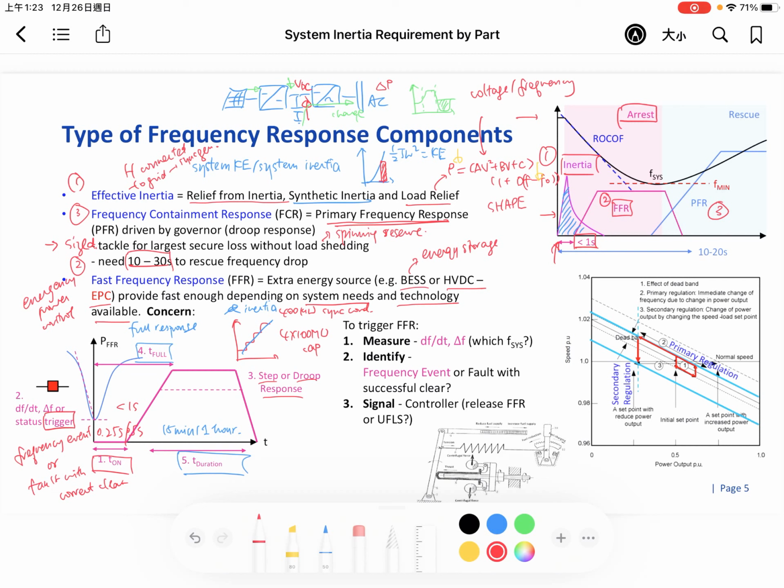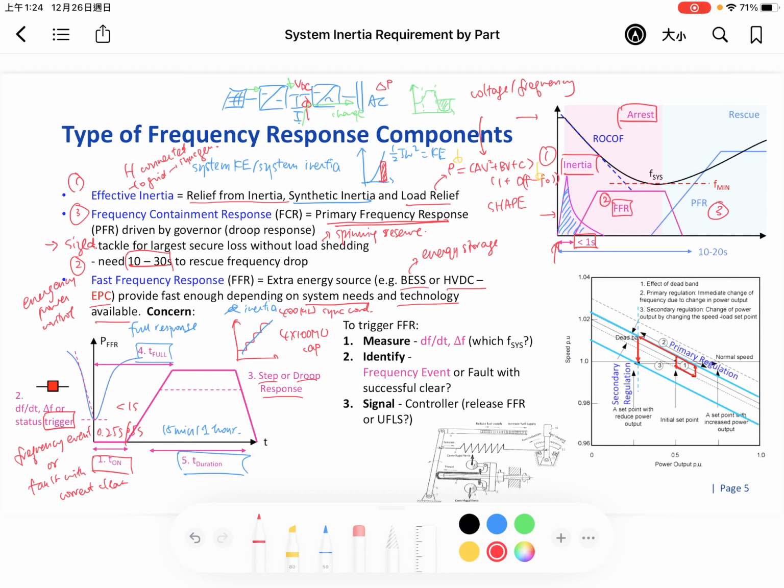But sometimes you may not want power electronics on the grid, or you don't want batteries on the grid because a battery needs maintenance, and the cycle life of a battery is just 10 to 12 years, then it will be a problem. You don't want something connected to the grid with such a short cycle life.